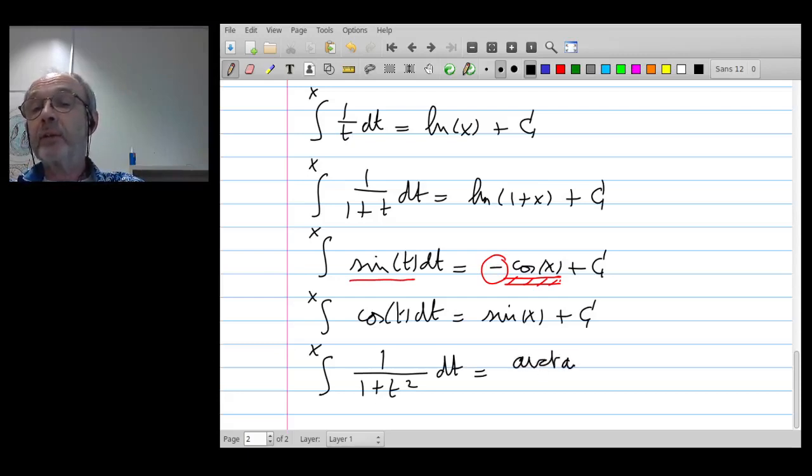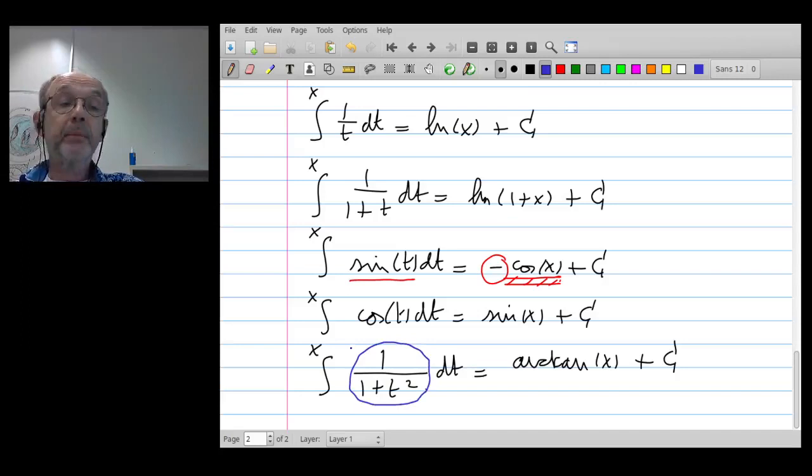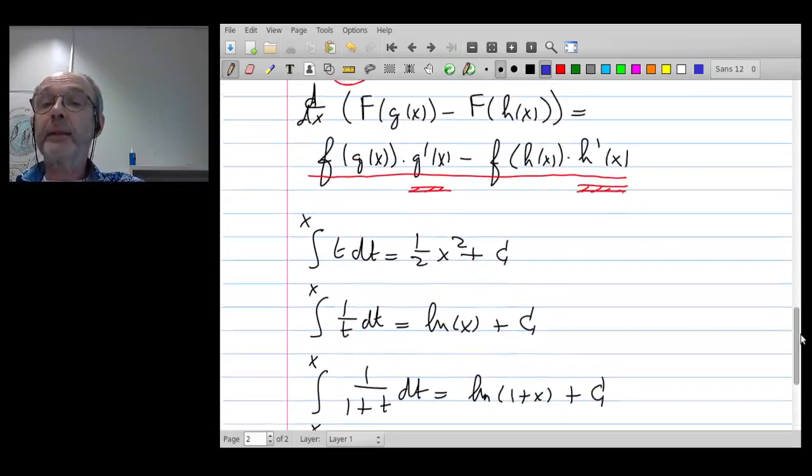You get the arctangent plus some constant. Differentiate the right hand side and you get the function you have inside your integral. You fill in x, and so you get 1 divided by 1 plus x squared.